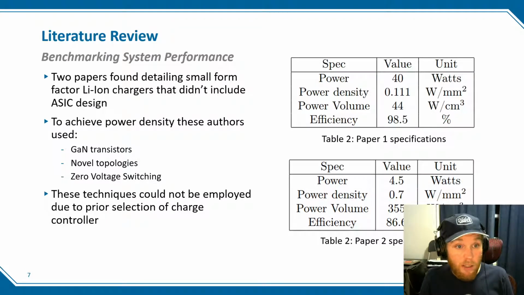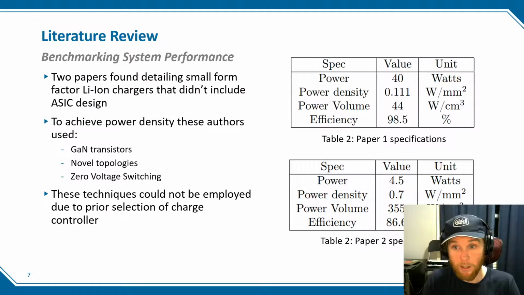In these papers, a lot of the authors used gallium nitride transistors, novel switching topologies, as well as zero voltage switching. These techniques couldn't be employed since the topology was already selected when the buck controller charger was selected, but still, the values used from these papers will be used to benchmark the system.